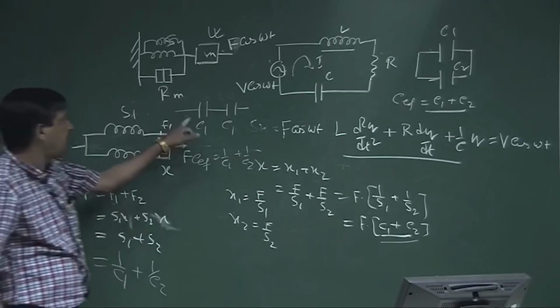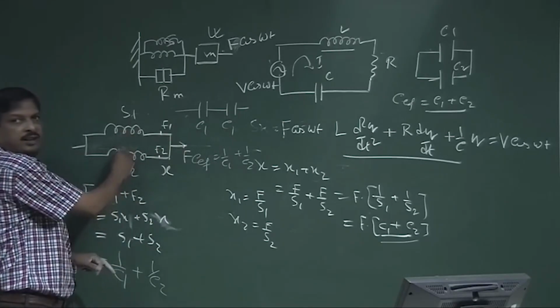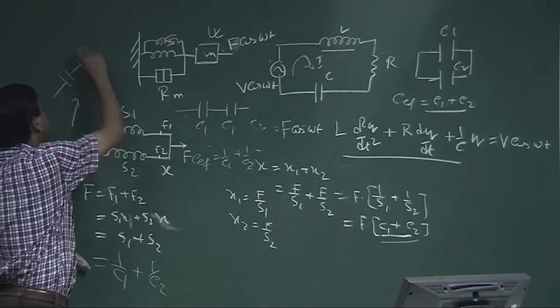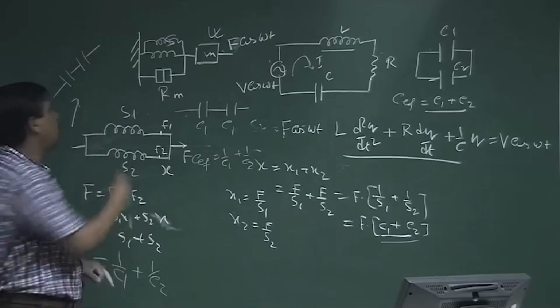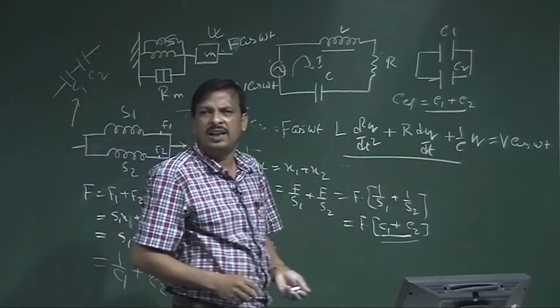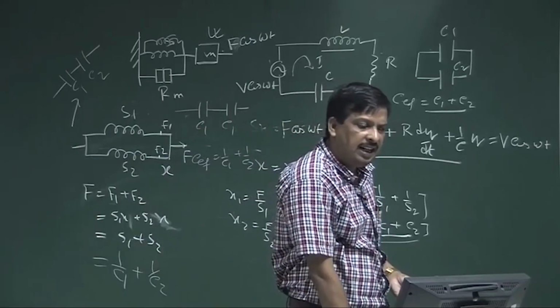So, if two springs are in parallel, the equivalent circuit is two capacitances, C1 and C2, in series.